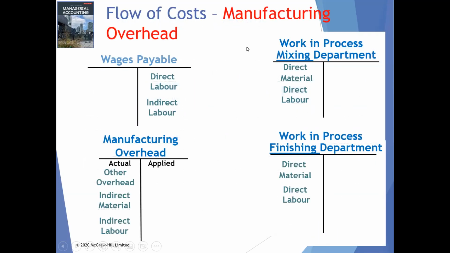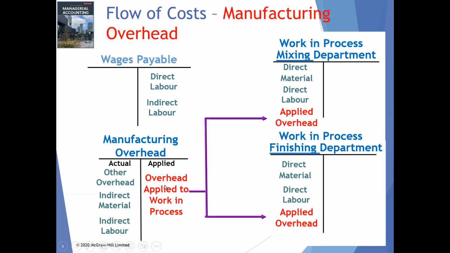Now, let's say manufacturing overhead. If we talk about the manufacturing overhead, we have manufacturing overhead here. Look at this. All the overheads applied to the work in progress will be calculated department wise. So this department plus this department, meaning the mixing department and finishing department. Overhead applied: we know how to calculate the overhead applied rate, right?